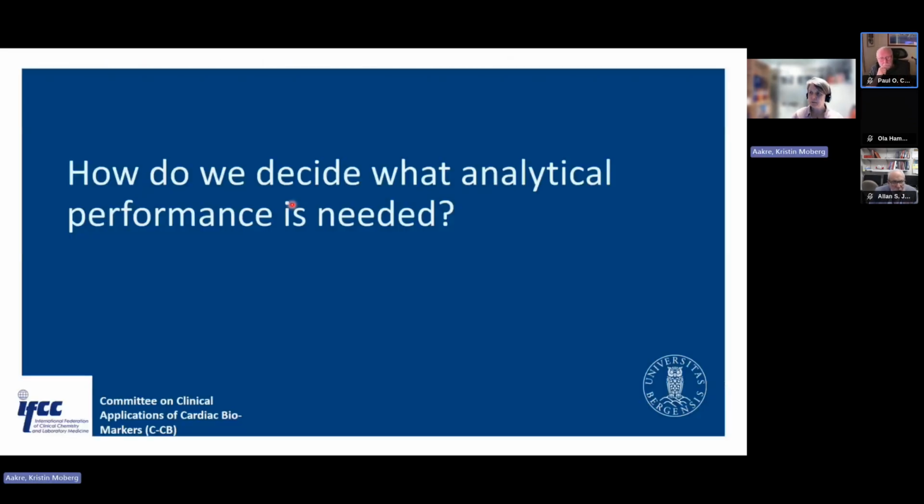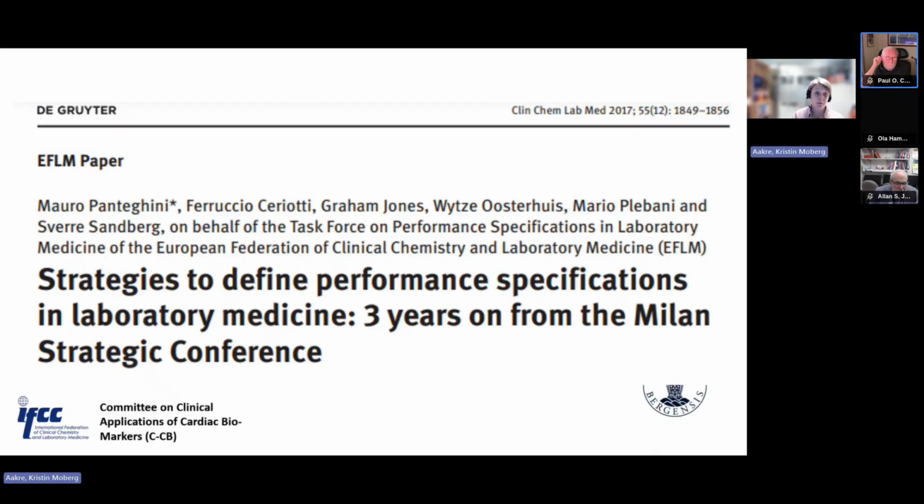So how do we decide what analytical performance is needed for the different measurements we have in our laboratory? Well, this has been discussed for decades and decades, and I think the last large discussion was around 10 years ago, at a strategic conference in Milan.